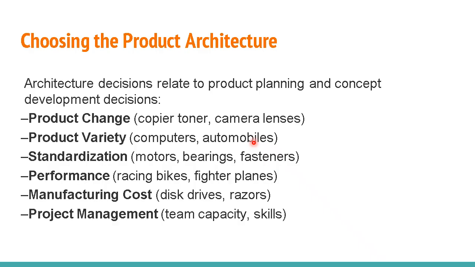Performance: the performance of engines in racing bikes and fighter planes, such as radial engines and jet engines, is about converting input work into output work. Manufacturing cost applies to products like disc drives and razors. It is the manufacturing cost of products.